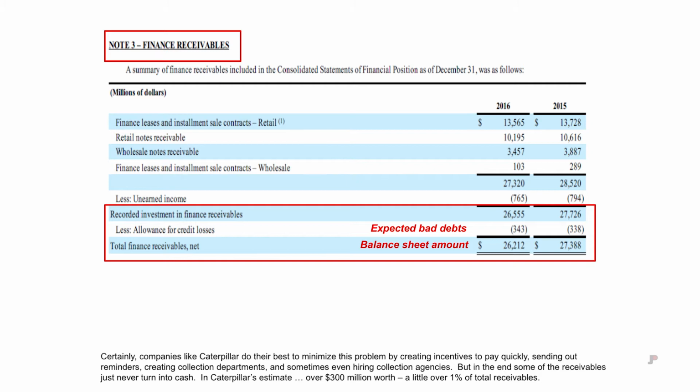Certainly, companies like Caterpillar do their best to minimize this problem by creating incentives to pay quickly, sending out reminders, creating collection departments, and sometimes even hiring collection agencies. But in the end, some of the receivables just never turn into cash. In Caterpillar's estimate, over $300 million worth, a little over 1% of total receivables.